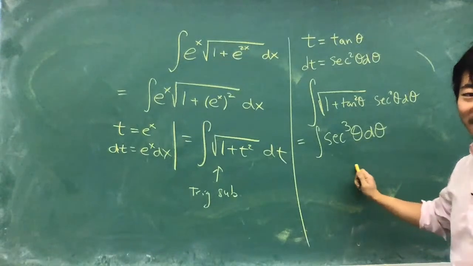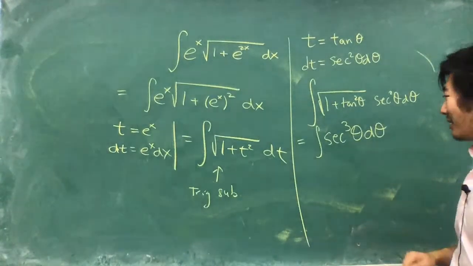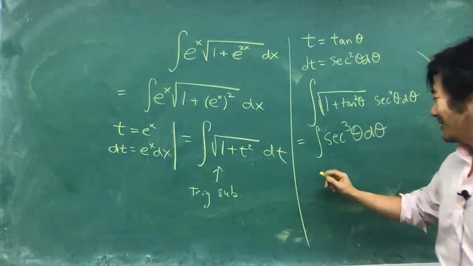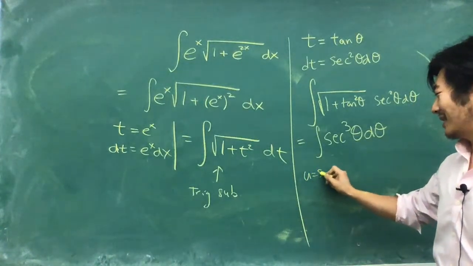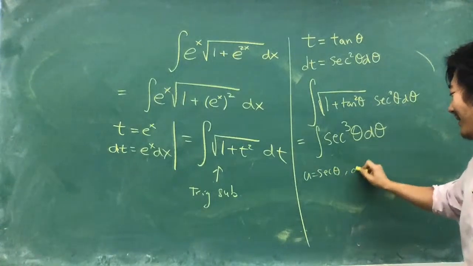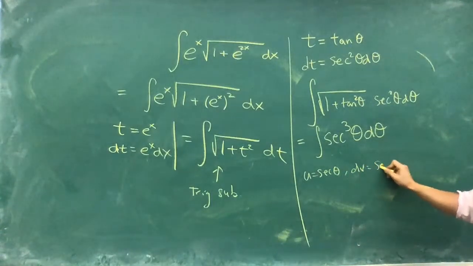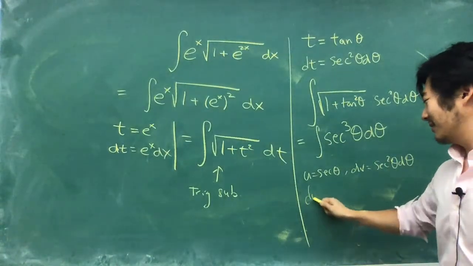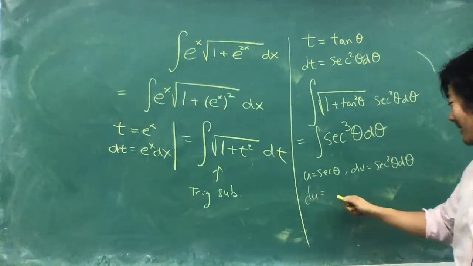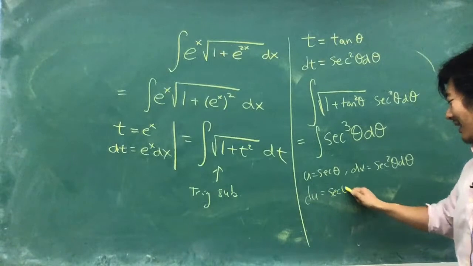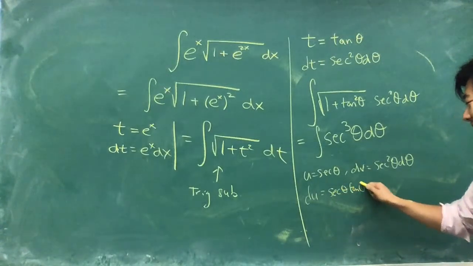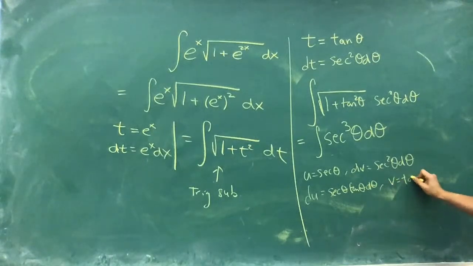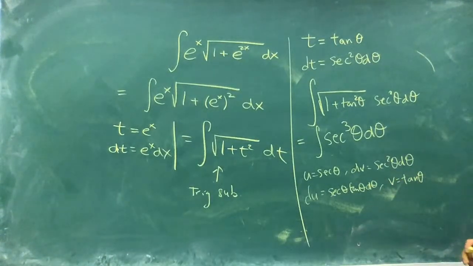So then this is everyone's favorite. You have to use integration by parts. So you use u equals secant theta, dv equals secant squared theta d theta. And then du is secant theta tangent theta d theta, v is tangent theta.